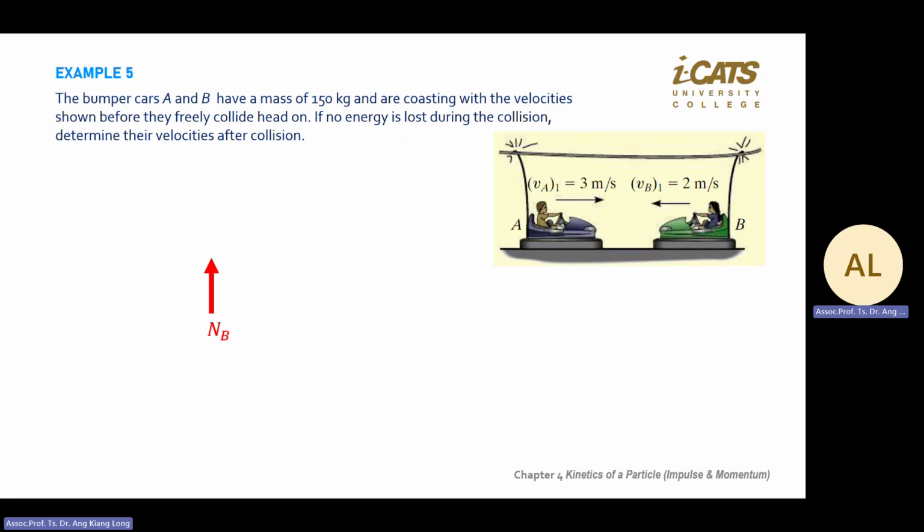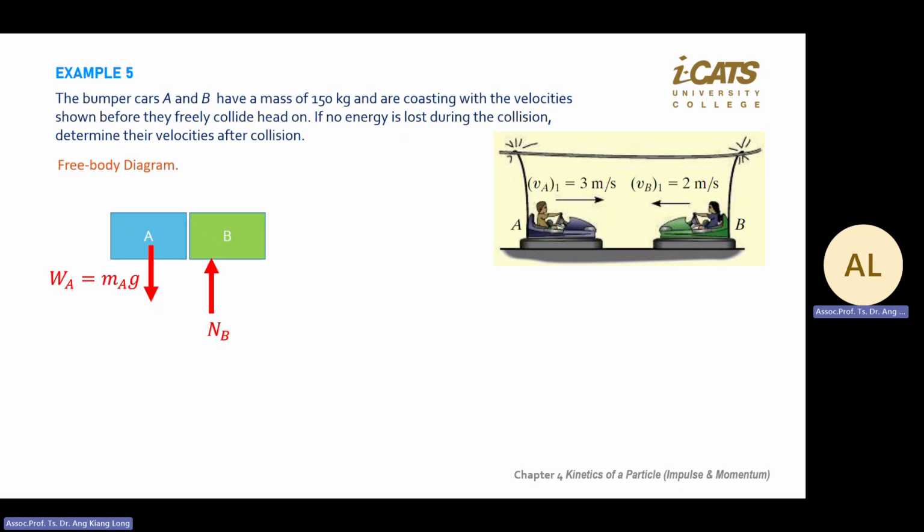Okay, so you need to draw a free body diagram. You draw A and B. The question asks you for the velocity before. If no energy is lost, it means you can use conservation. No energy loss. Determine the velocity after collision. So you can use conservation if you want.